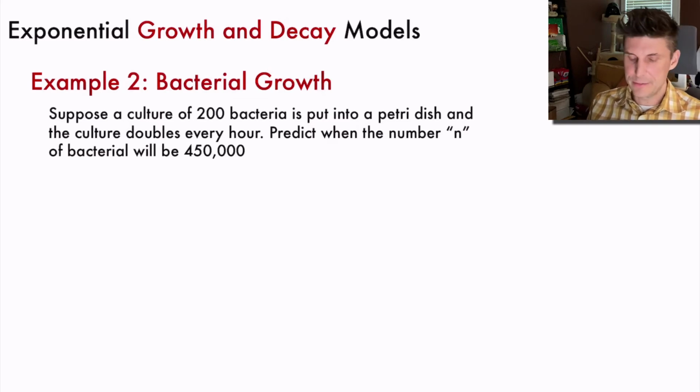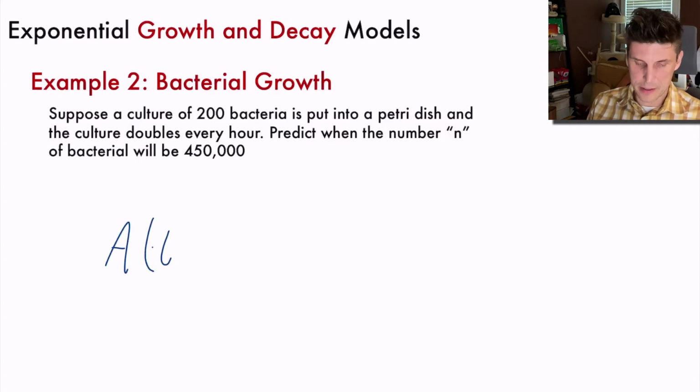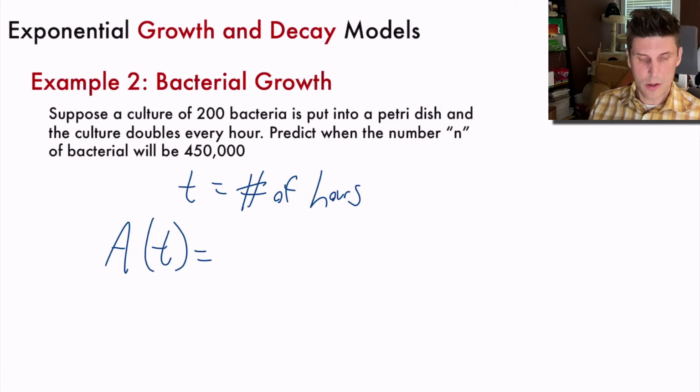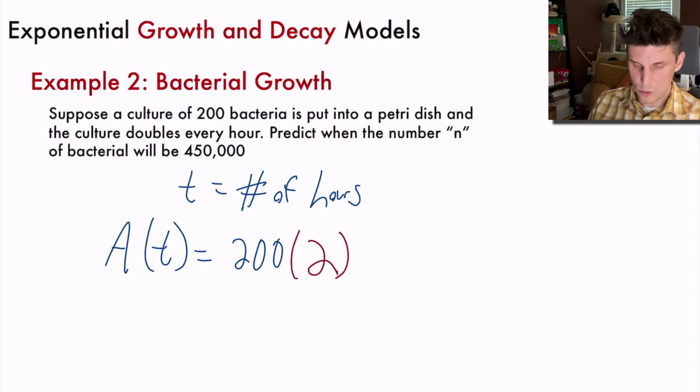So one thing we know is our initial amount is 200, right? So we're going to say the amount that we have with respect to time, where t is the number of hours, equals the initial amount times 2, right?